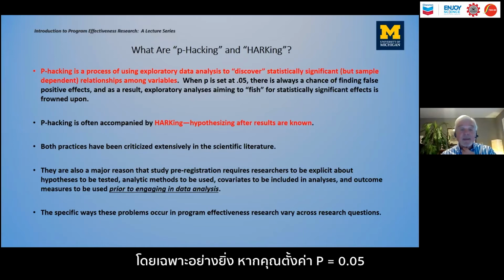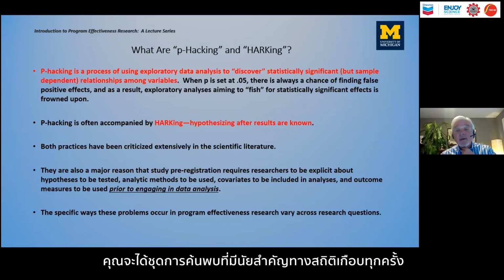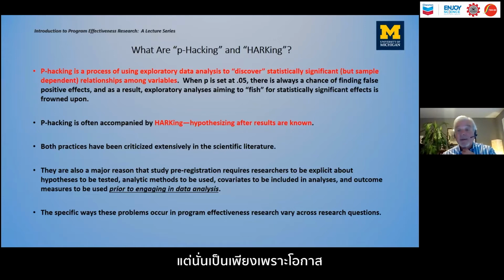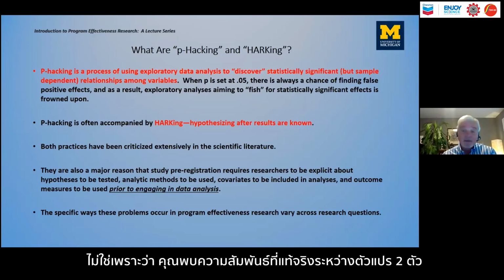So in particular, if you set P at 0.05 and conduct many different analyses using the same data set, you're almost always going to get a set of findings that are statistically significant, but that's only because of chance, not because you've discovered a real relationship among two variables.